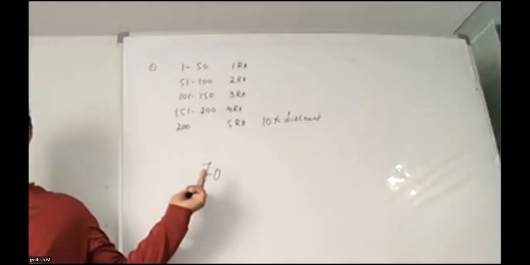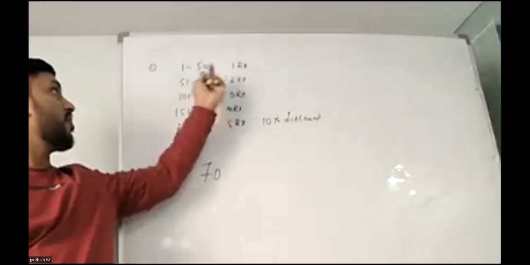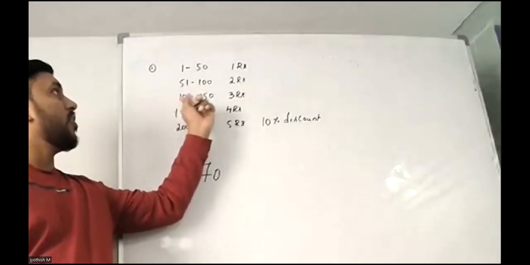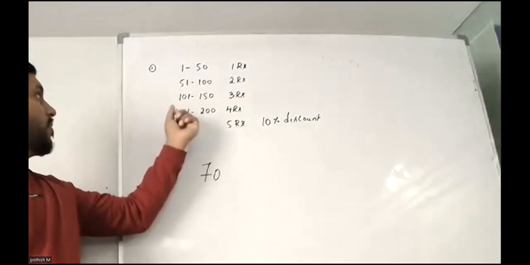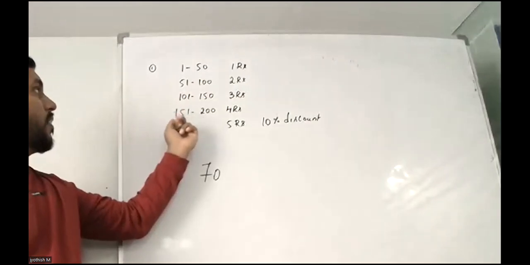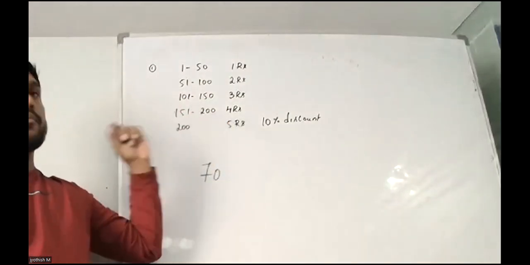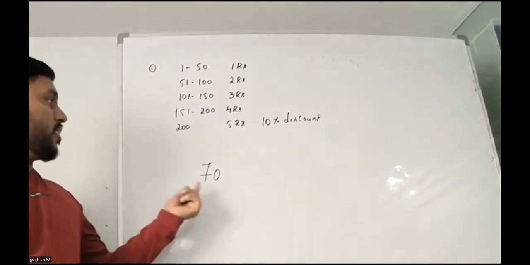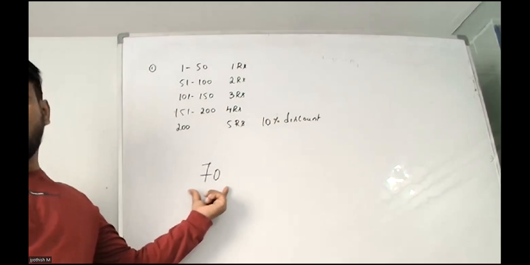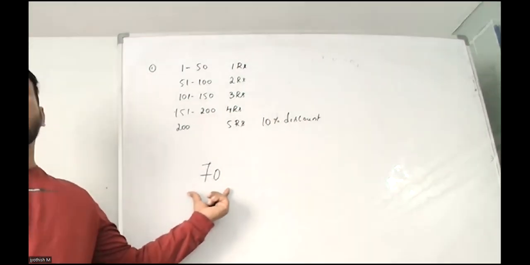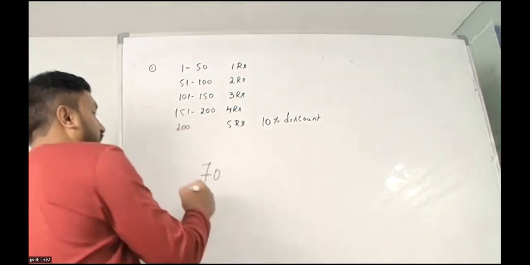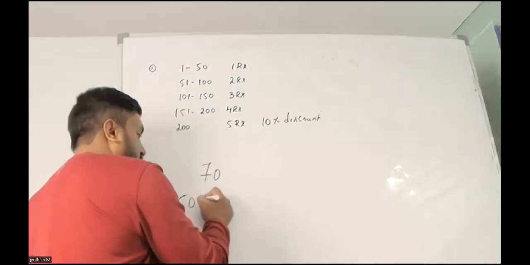If my current bill is 1 to 50 units, charge 1 rupee; 51 to 100, charge 2 rupees; 101 to 150, charge 3 rupees; 151 to 200, charge 4 rupees; 200 and above, charge 5 rupees. If the current unit is 70, how much should we charge? First 50 units charge 1 rupee.